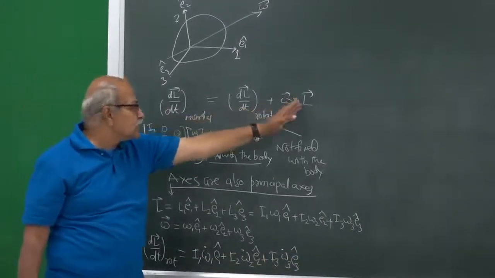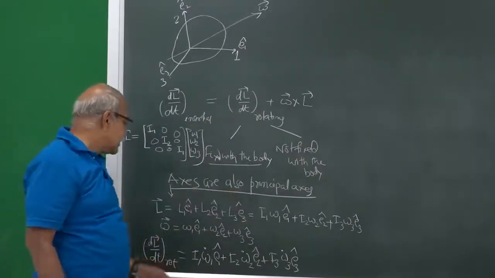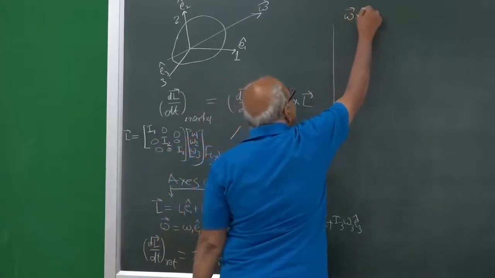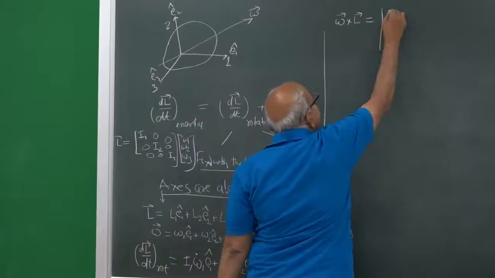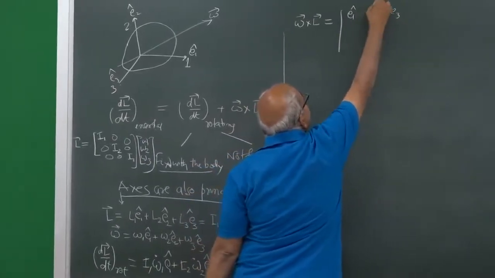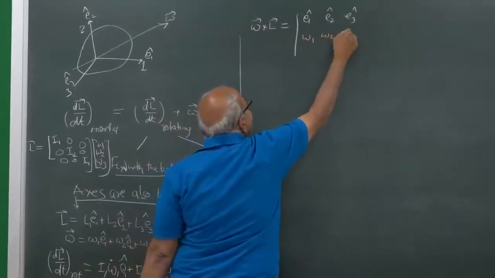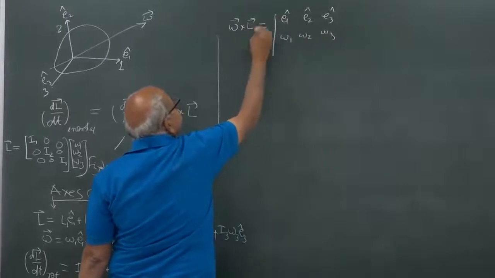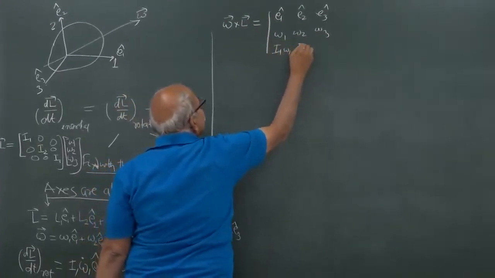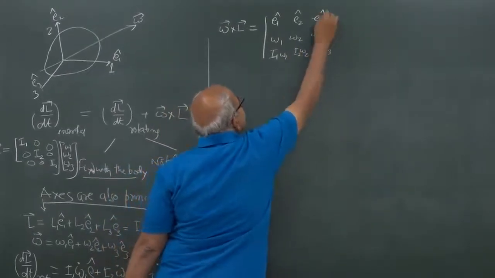And what is omega cross L? Here is omega, here is L. So, omega cross L, you can write E1 cap, E2 cap, E3 cap, and then omega 1, omega 2, omega 3, and L, which is I1 omega 1, I2 omega 2 and I3 omega 3.